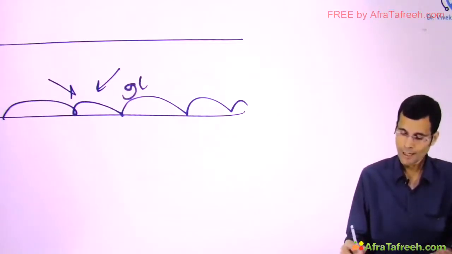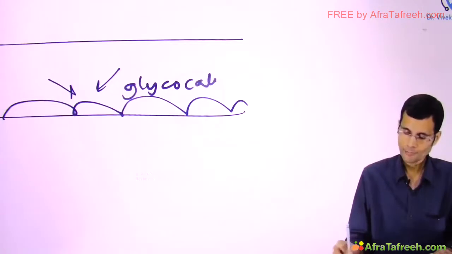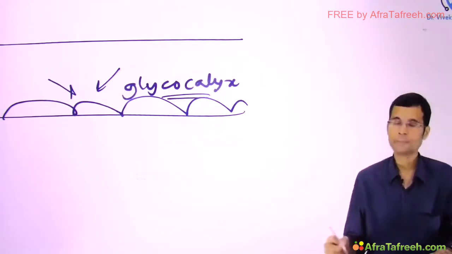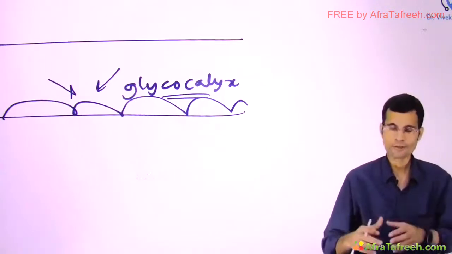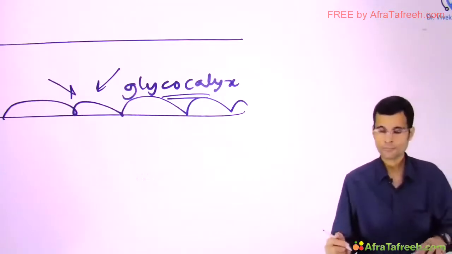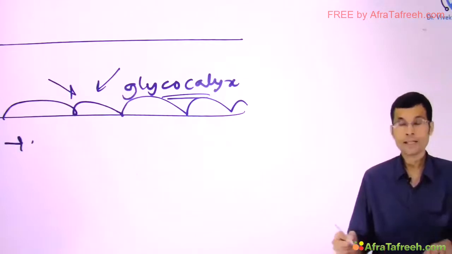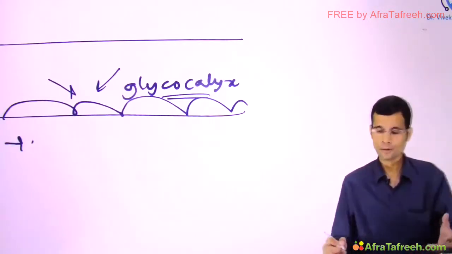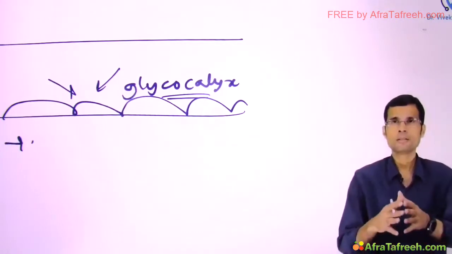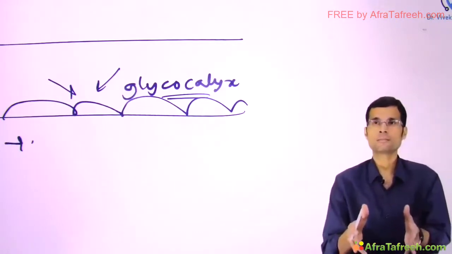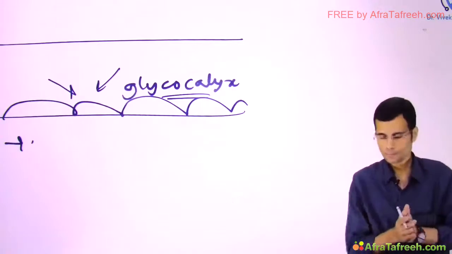A layer of glycocalyx on the endothelium repels the clotting factors and does not allow them to come together and form the clot. A layer of thrombomodulin on the endothelial cells also prevents clotting. So these are some of the natural anticoagulants present in the body.